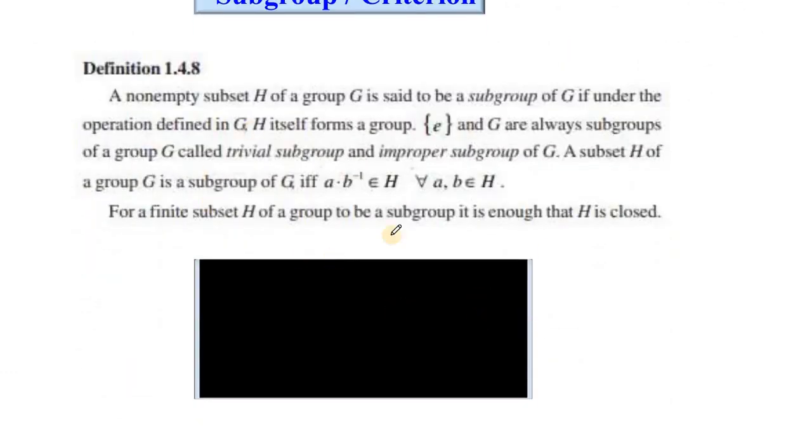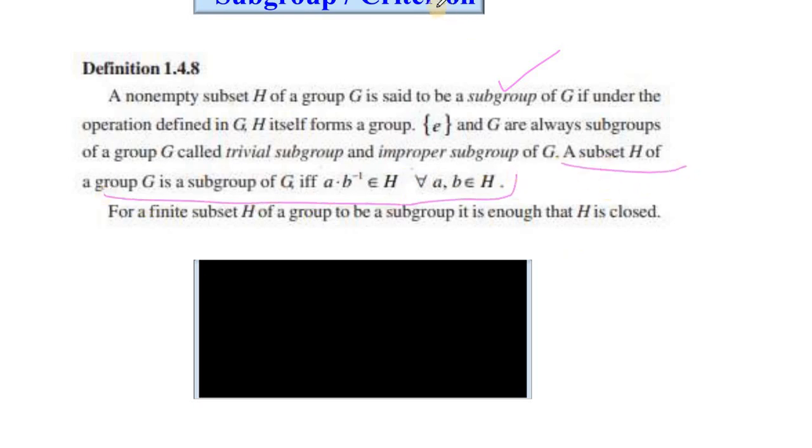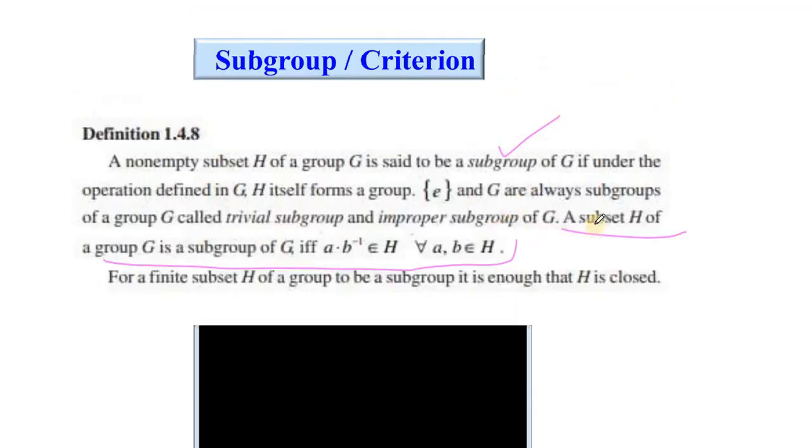And another concept needed for this section is the definition of a subgroup. We are familiar with that, but we have to pay attention to the criterion. What is the criterion for any subset H of G?